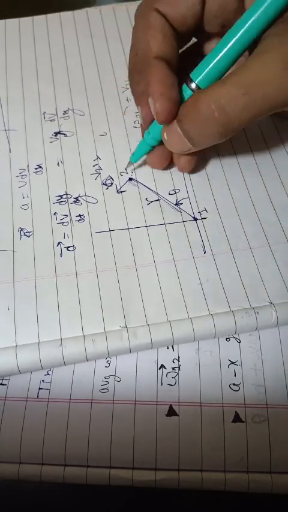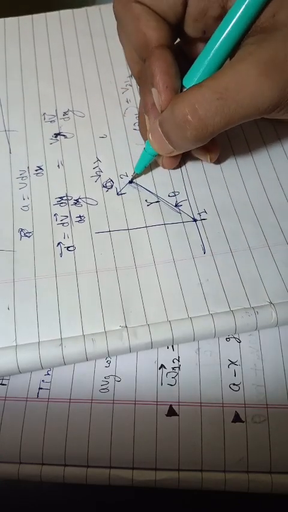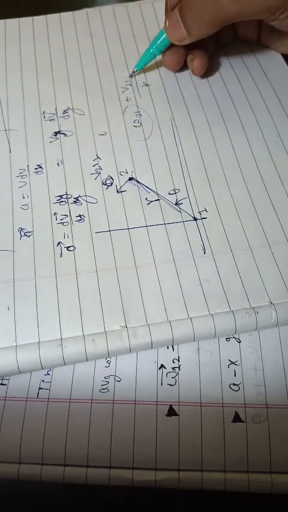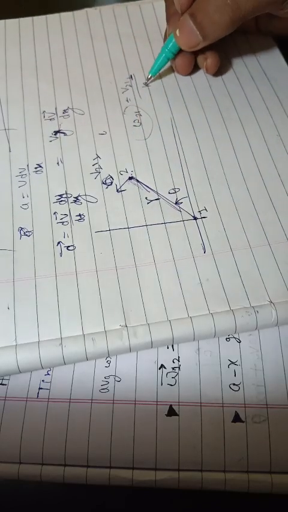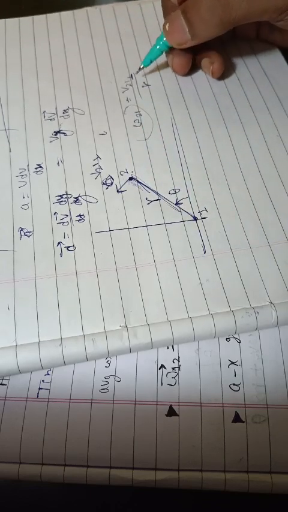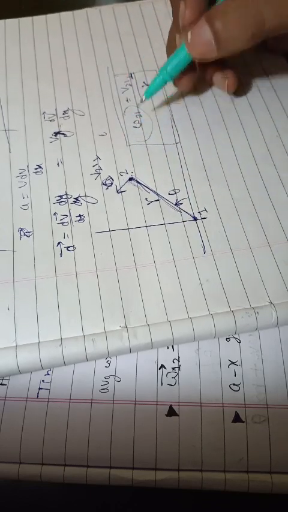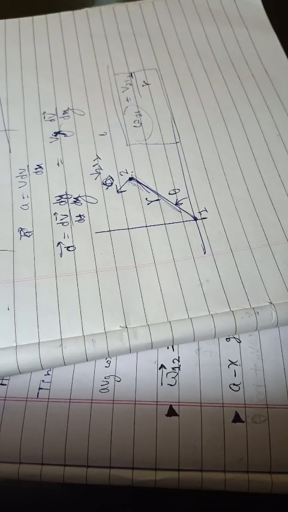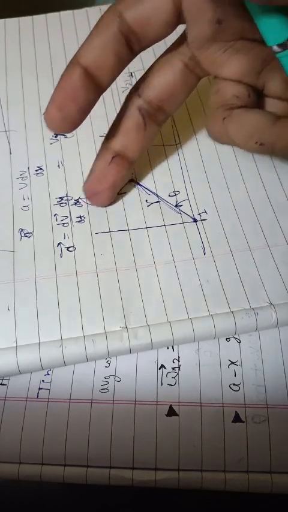So the component of this velocity perpendicular to this radius vector is v 2 1 perpendicular, and the distance between the two is r, divided by r. This gives omega 2 1, and the direction can simply be found by the right-hand rule.